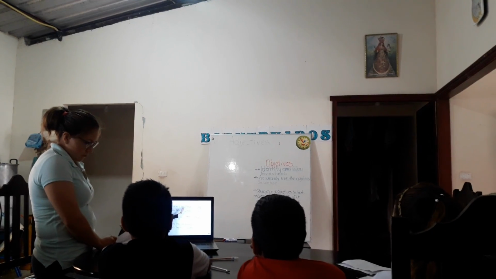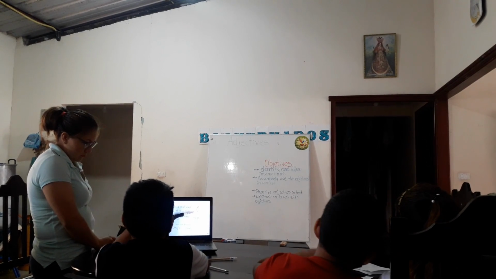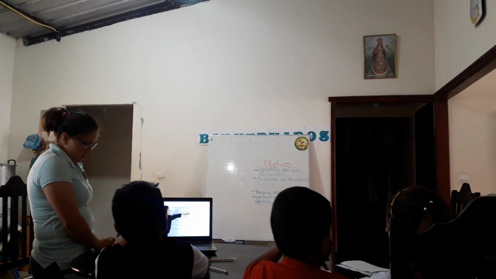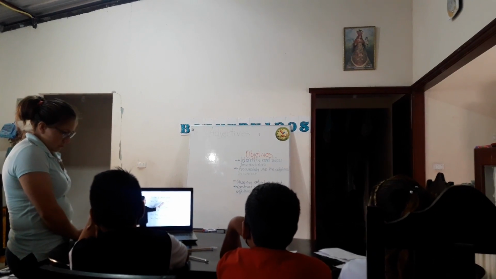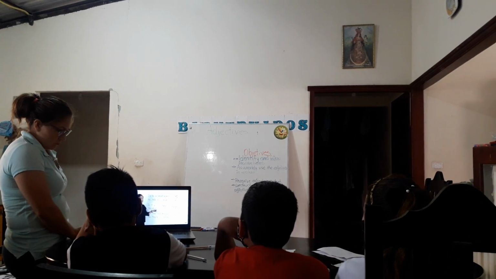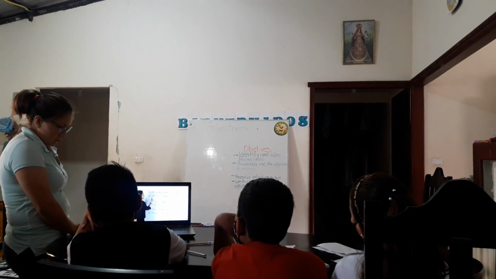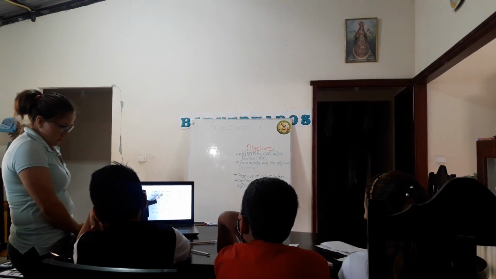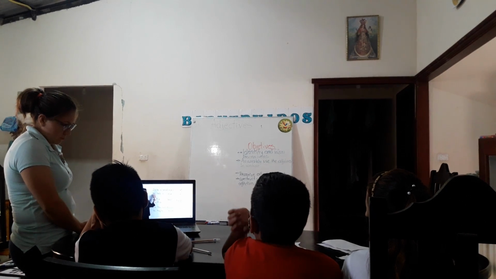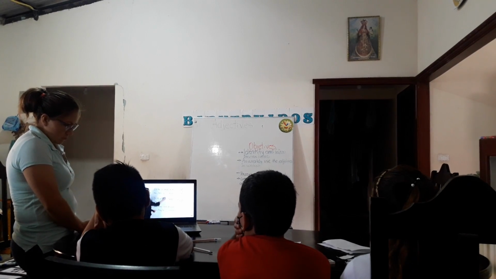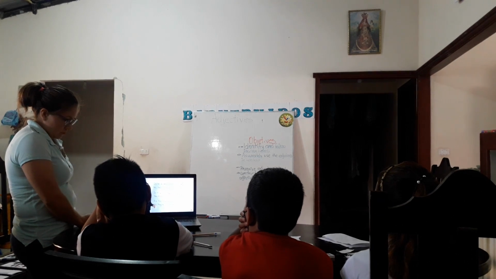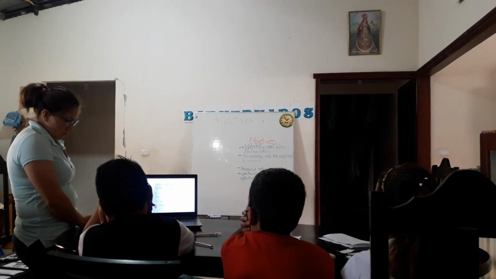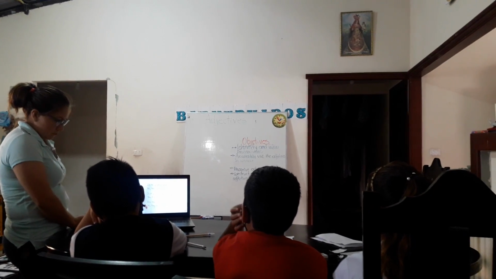Is he a small man? Well, let's take a look at this picture. The answer is no. He's not a small man, so we have to say no, he's a big man. Okay, we're going to use the adjective big. Okay, let's look at the next one.